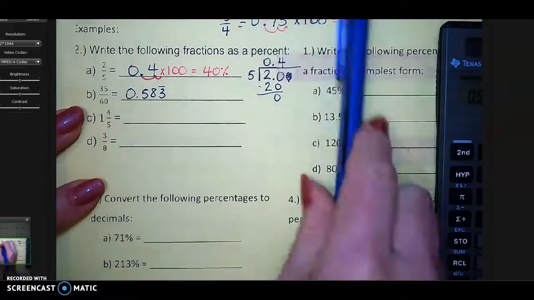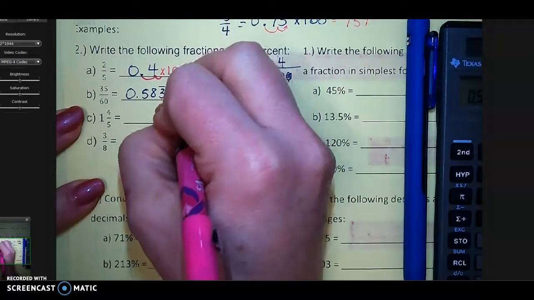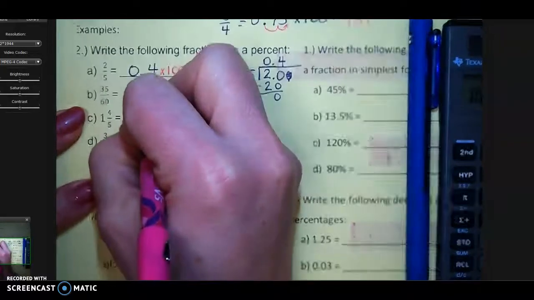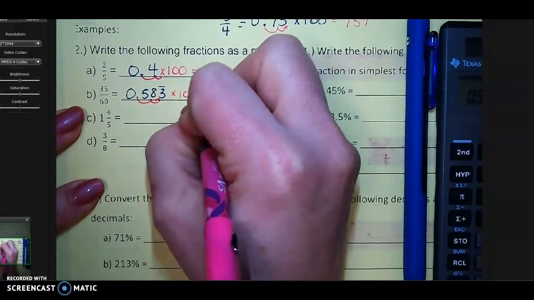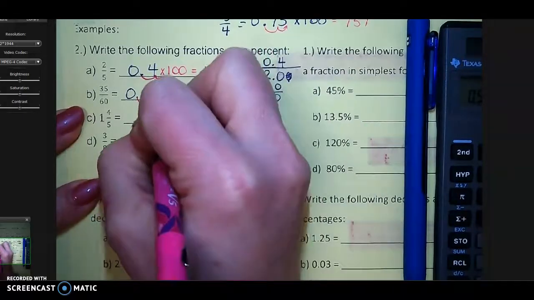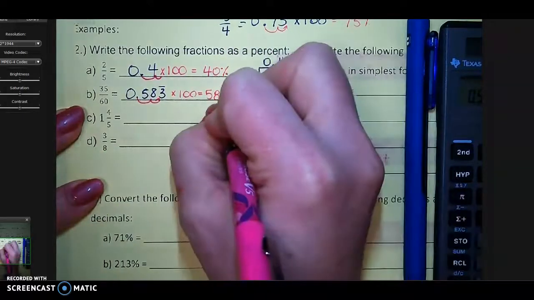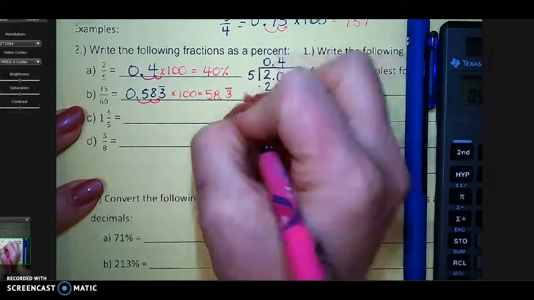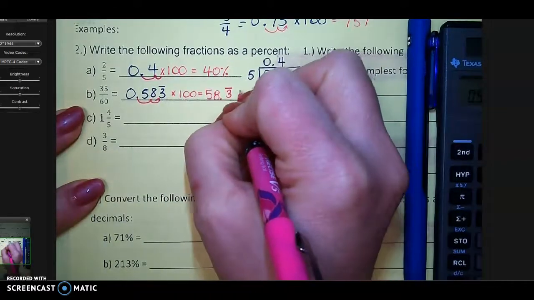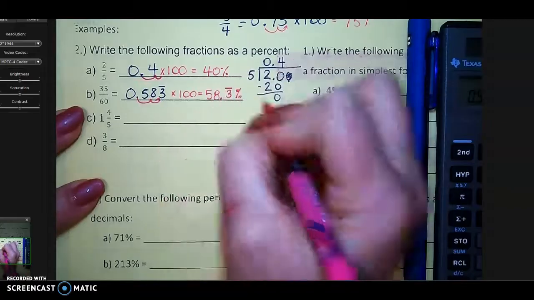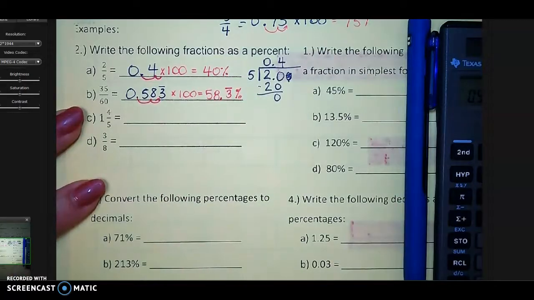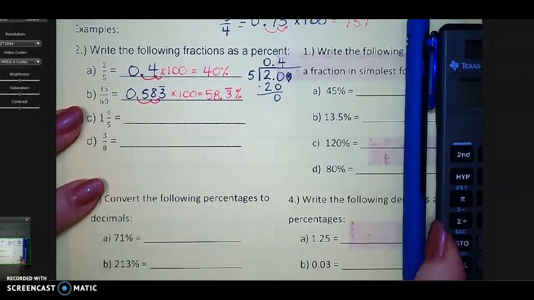When I multiply this times 100, it moves my decimal point over, and you'll find that I still have a number after my decimal point this time. So I'm going to keep that. I'm going to keep that bar over it as well, to say that this is 58 and 3/10 repeating percent. So it's a little more than 58% in that case.